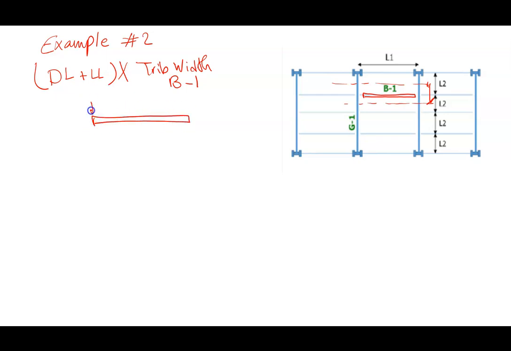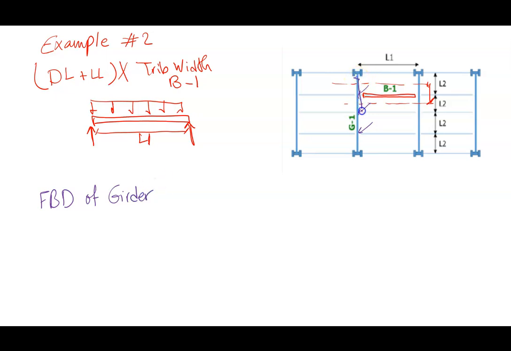Then we did the FBD for beam B1 and calculated the reactions. The reactions are then transferred to girder G1. So next we had to do FBD of girder, which is here.